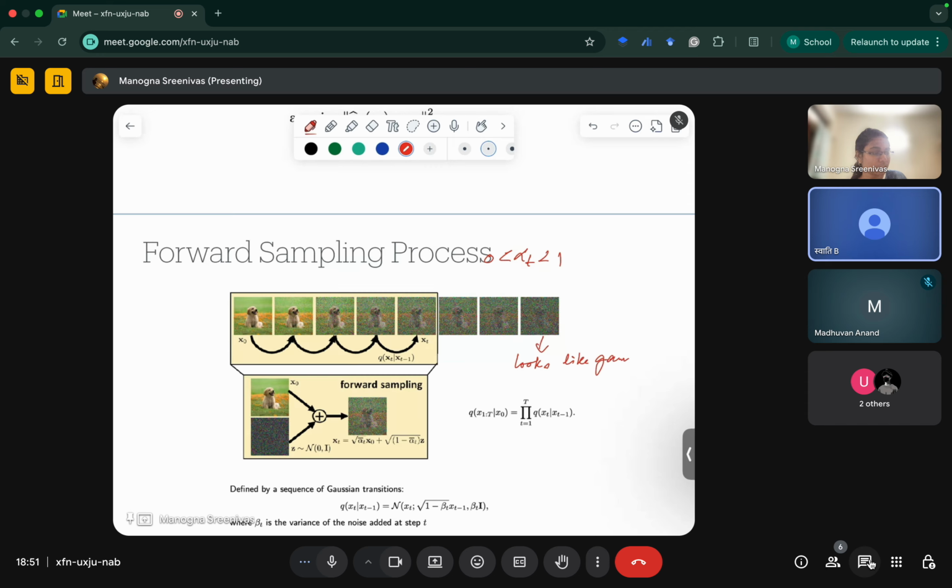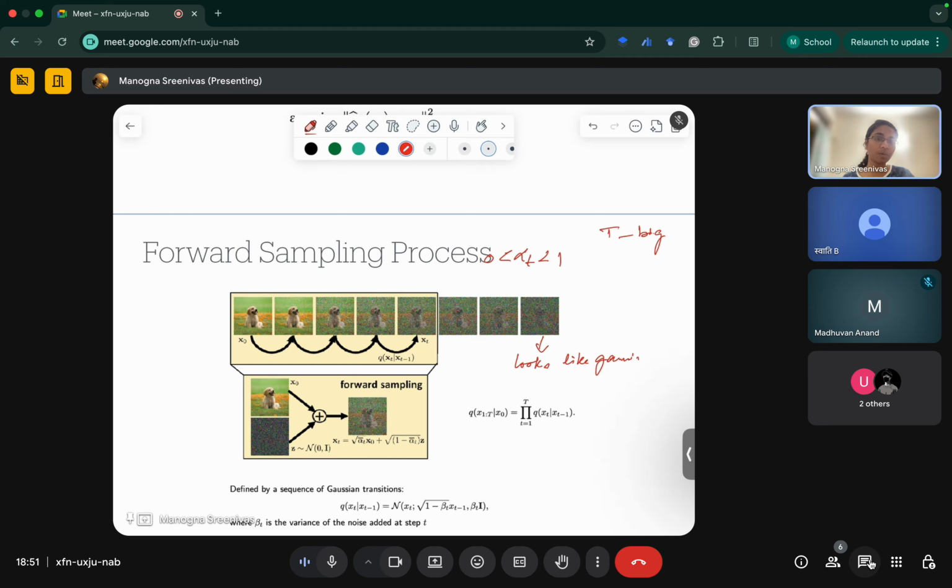So the thing is, T should be sufficiently big. It will keep running the forward process till T equals 1000, or whatever the initial choice was. Theoretically T is infinity, but you don't do that. Practically we choose a big number and say at that number it has become noise.